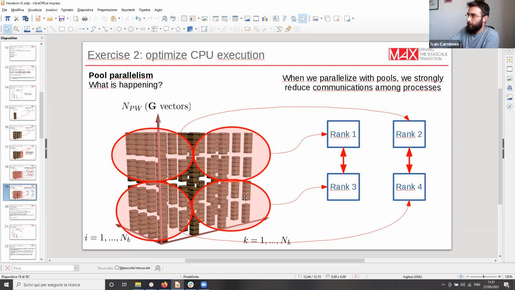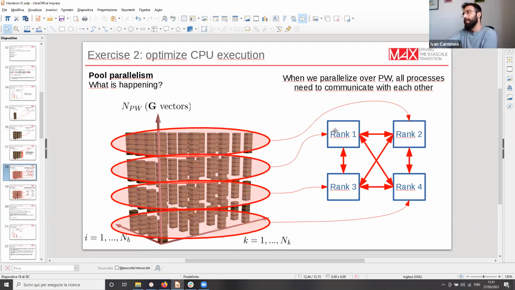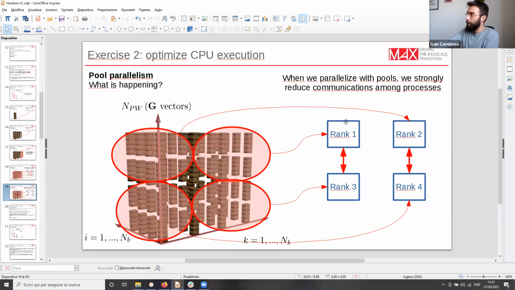In this case, it's 4. It means that in order to compute the properties, we only have 2 processes which need to communicate, and we have strongly reduced communications in these other directions because the orbitals are split among 2 processes rather than 4.